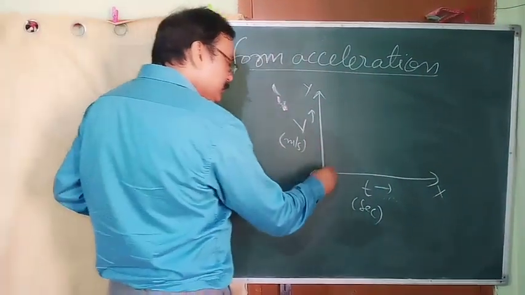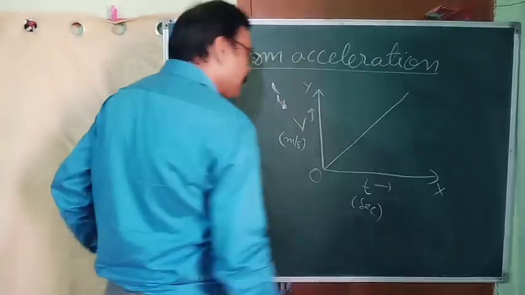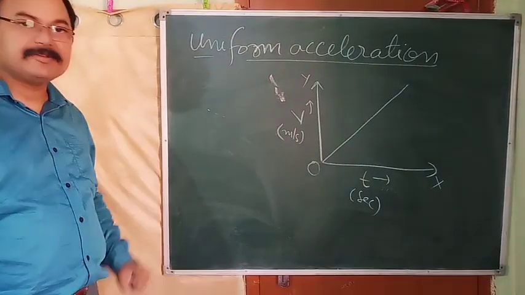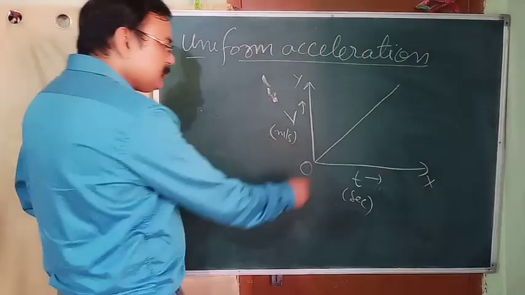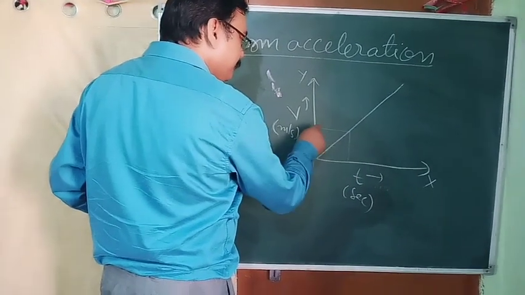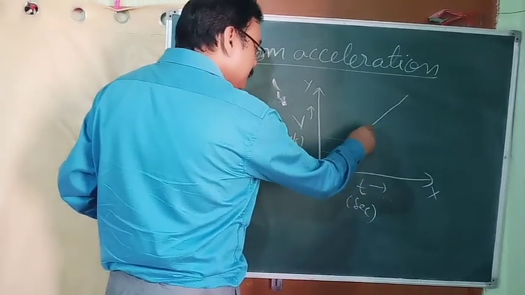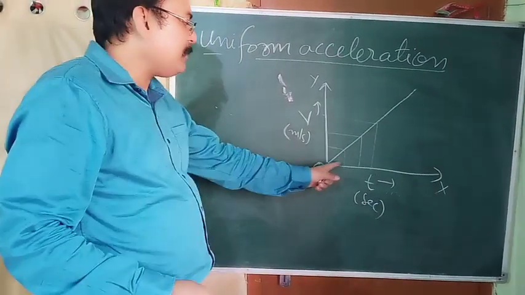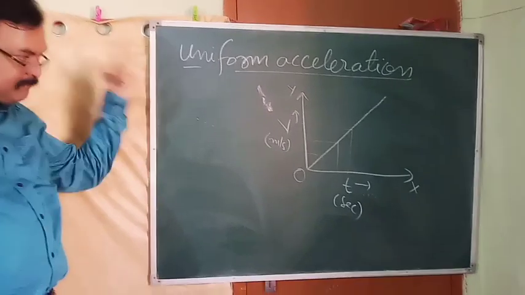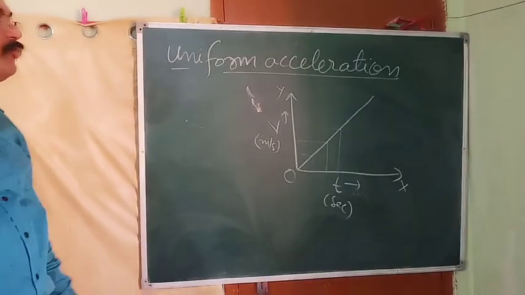So this gives us the uniform acceleration. Why? Because again you can see in equal time interval you will find equal change in velocity. So if time interval is equal, then change in velocity also will be equal. That's why you can say that the body is having uniform acceleration.